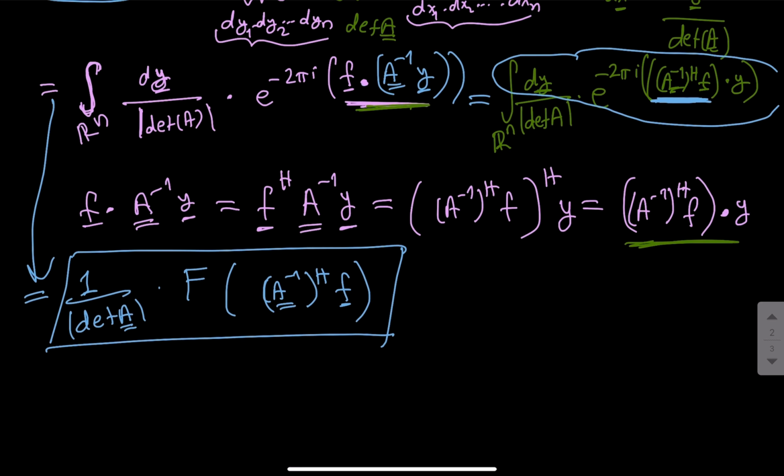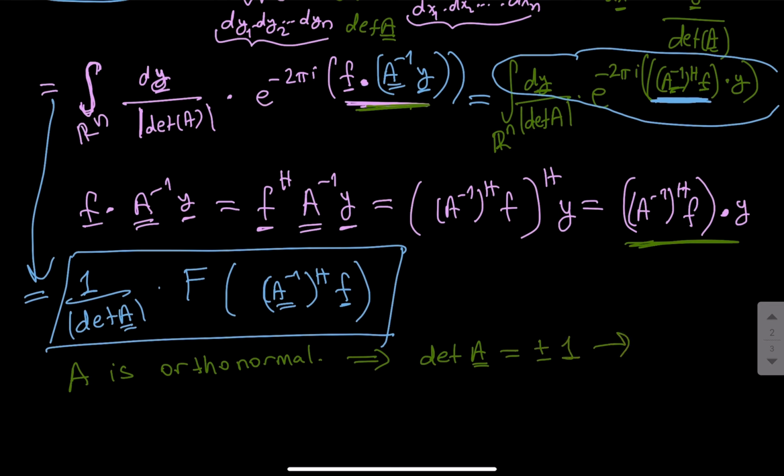So now let's look at a simpler case. Let's assume that A is orthonormal. This means that the columns of A are orthogonal to each other and they are unit vectors. In this case, the determinant of A is either plus or minus 1.